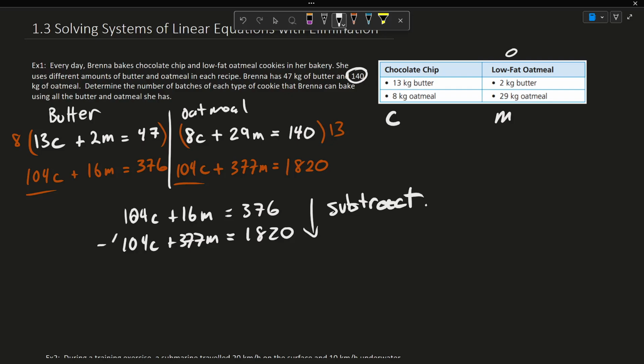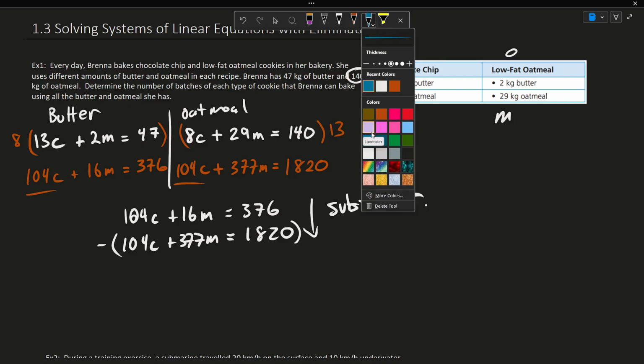If I subtract this equation from that equation, I end up with 104 minus 104, and these effectively cancel out, which is quite exciting.